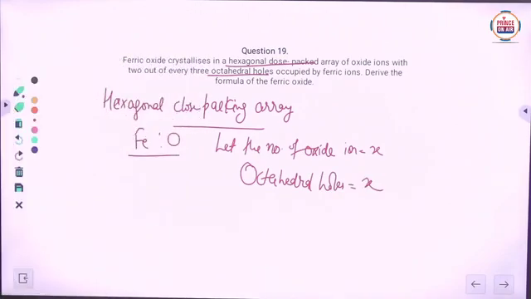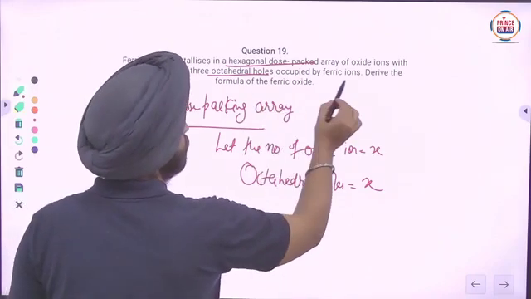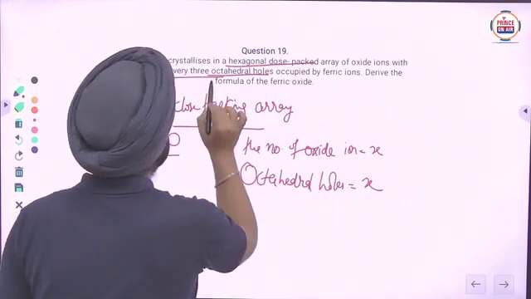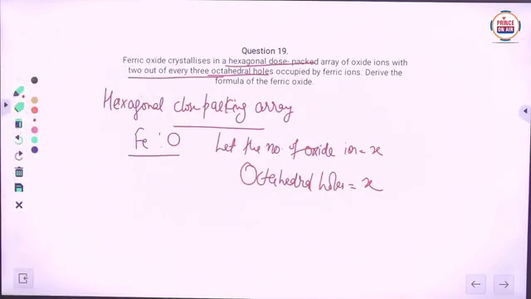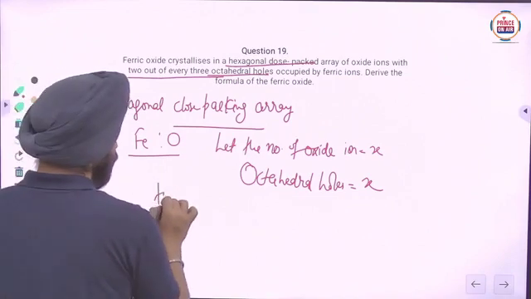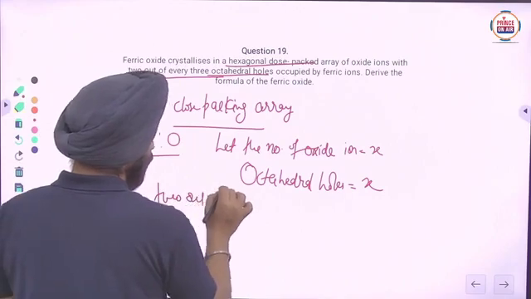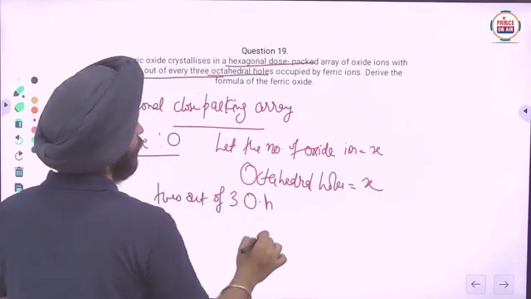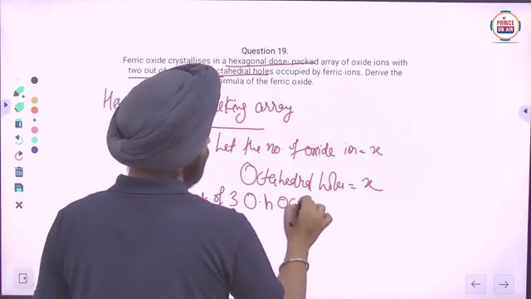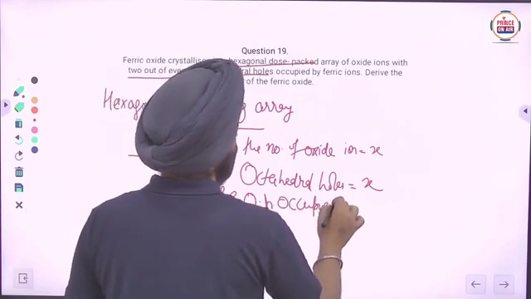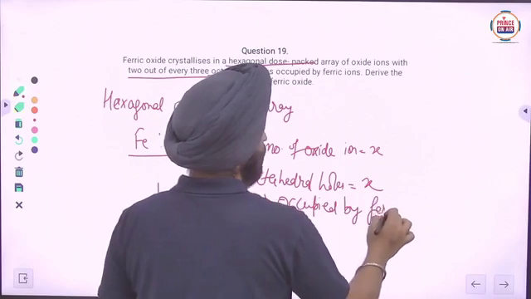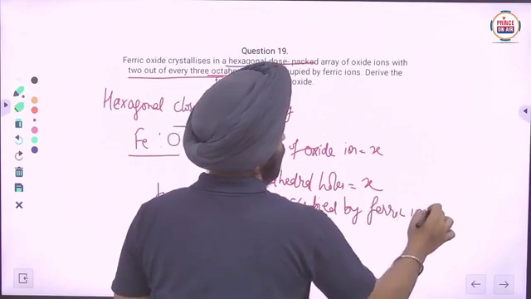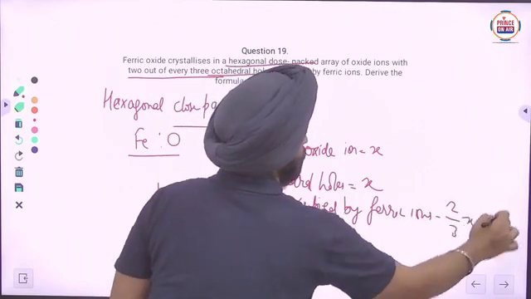Now, as you know, 2 out of every 3 octahedral holes are occupied by ferric ions, which means 2 by 3 x.